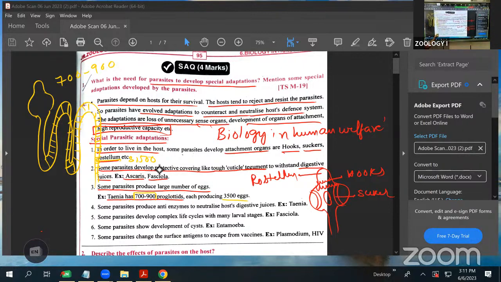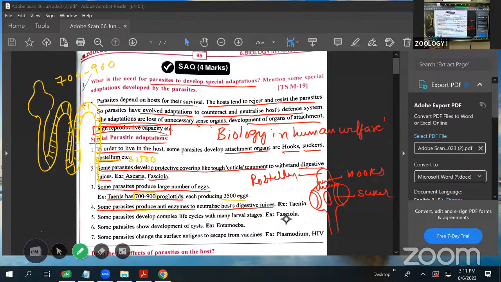Next, some parasites produce anti-enzymes. Which enzymes? Anti-enzymes for neutralizing the host enzymes. Here, they neutralize the host digestive enzymes. Taenia solium is present in the intestine.